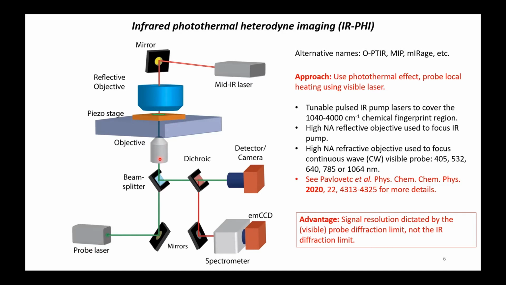The beauty here is that because we use a visible probe beam to detect absorption of infrared radiation, we get infrared absorption data at visible light spatial resolution. We use a so-called counterpropagating geometry to take advantage of the best possible objective to focus the probe laser and get the best possible resolution.